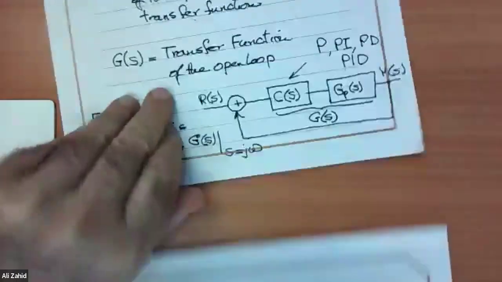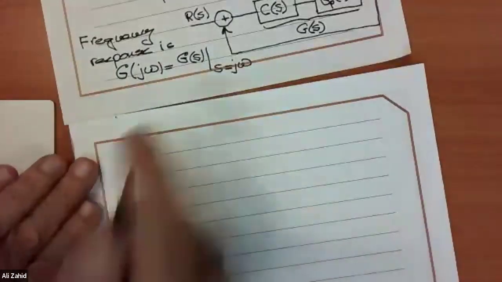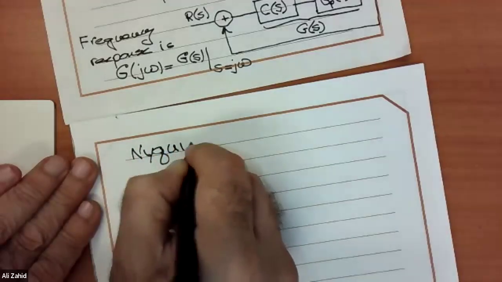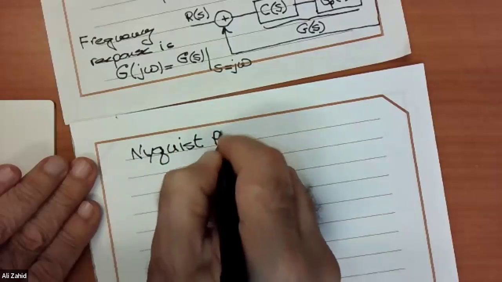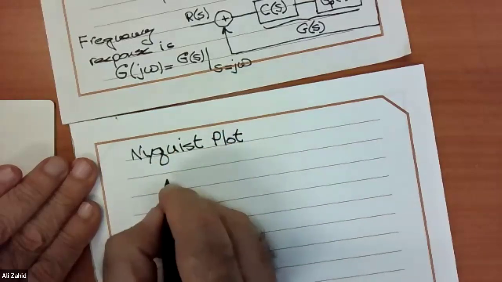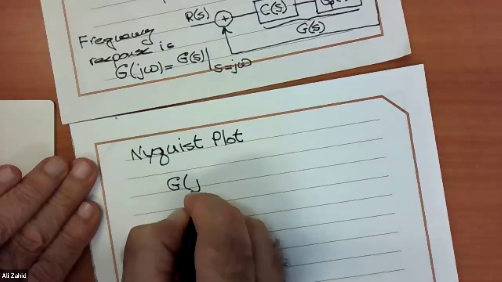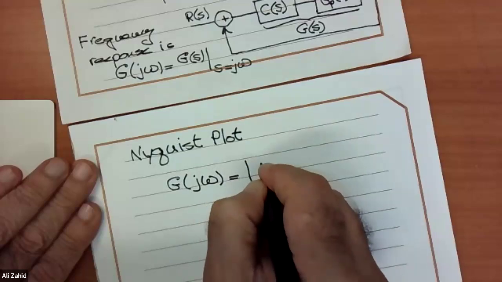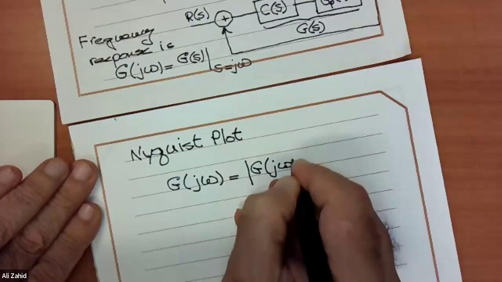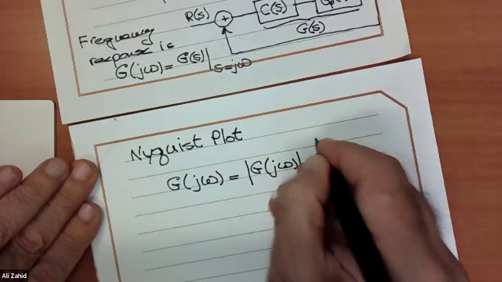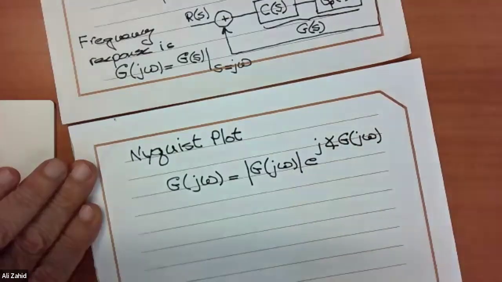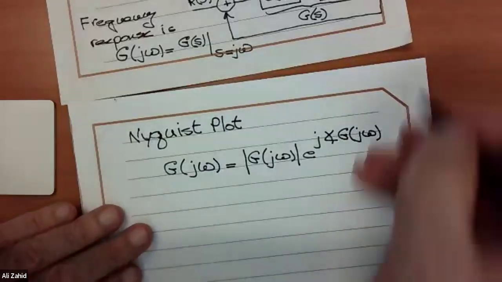Now, let's look at the Nyquist plot for just a second before we go to the second. In the Nyquist plot, first of all, what do you represent? G of J omega is equal to the absolute value of G of J omega times e to the J, the phase angle of G of J omega.